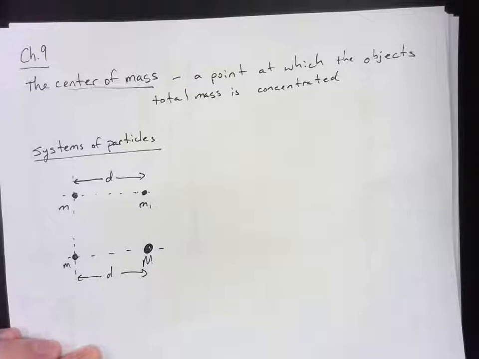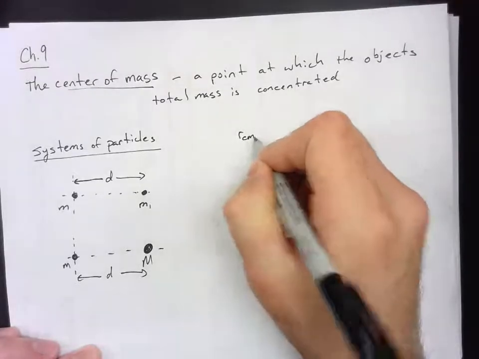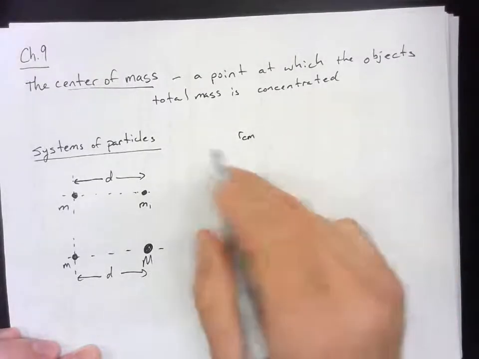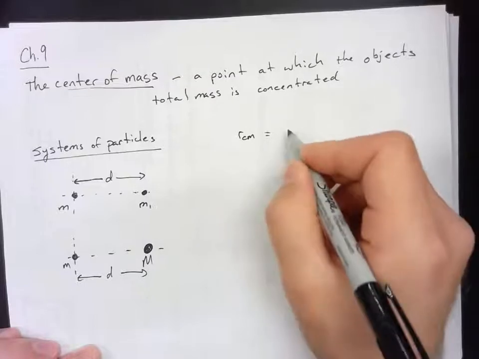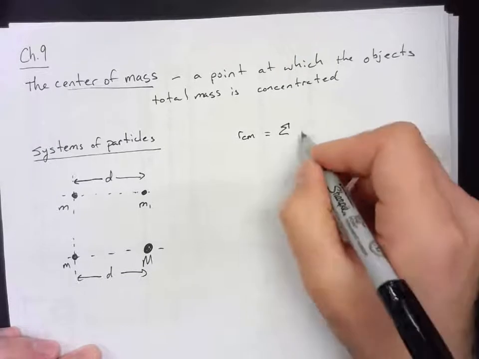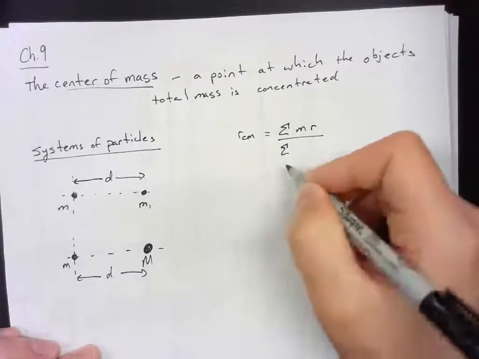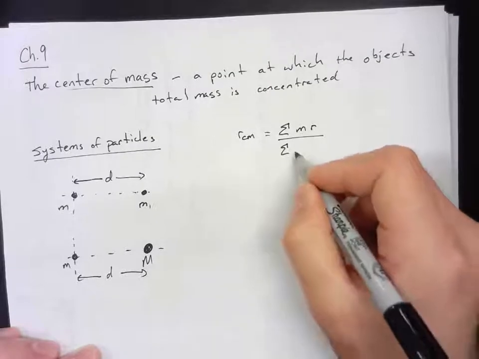And the equation that is listed on our equation sheet, there is no equation. Oh, yeah, there is. Okay. Which is going to be RCM, the location of the center of mass, is equal to the sum of M times R over the sum of the masses.